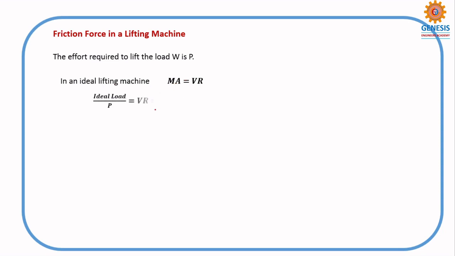Now, the ideal load by mechanical advantage. I have taken mechanical advantage is equal to load by effort, and that is equal to velocity ratio. Now the ideal load is equal to effort applied times velocity ratio.